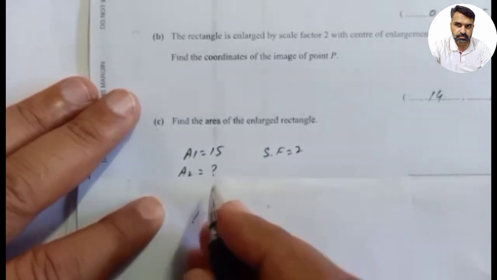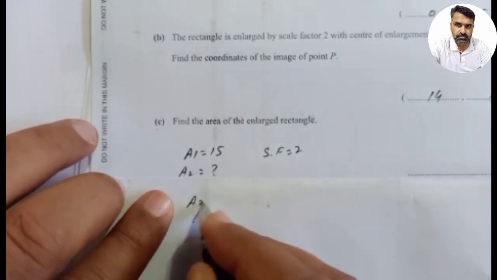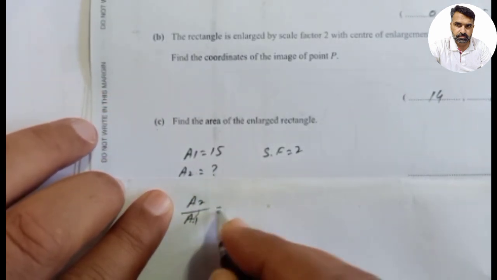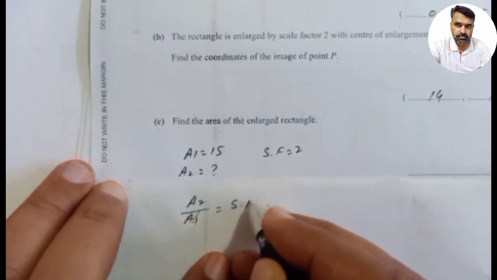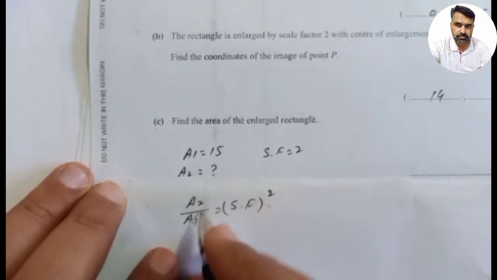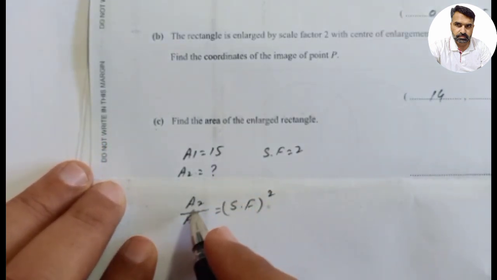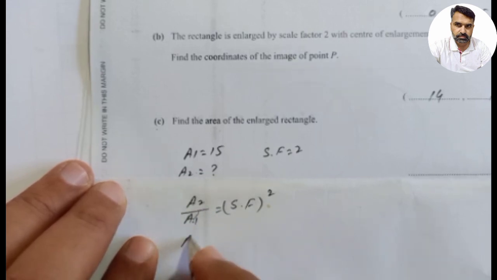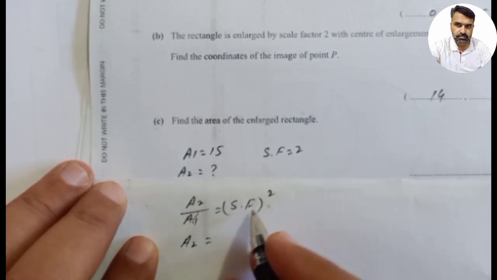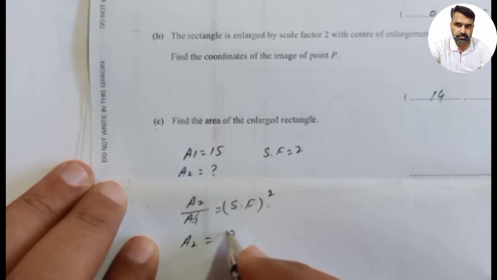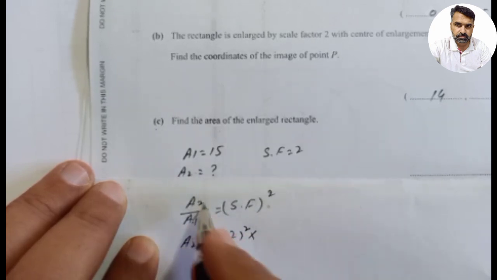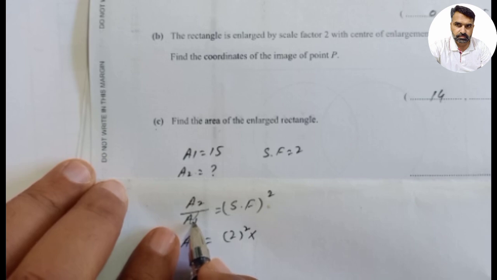So we will apply the formula: area 2 over area 1 is equal to the square of the scale factor. Area 2, I mean the area of the enlarged triangle, we have to find, and the scale factor is 2, so we will take the square of 2, and A1 is dividing on the left side.